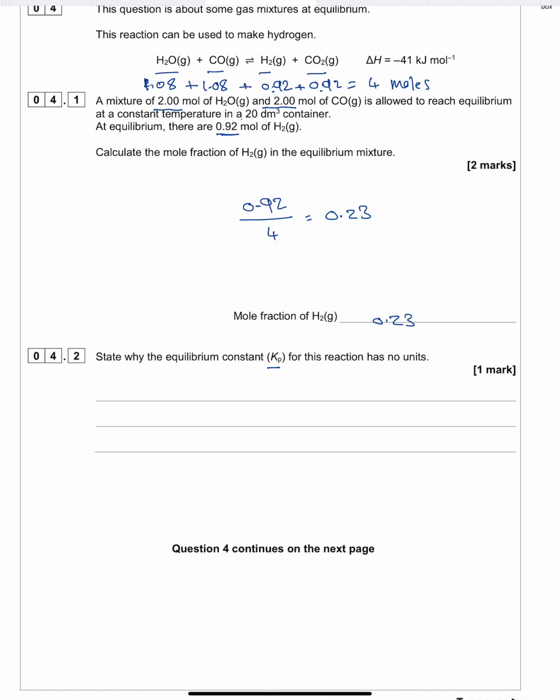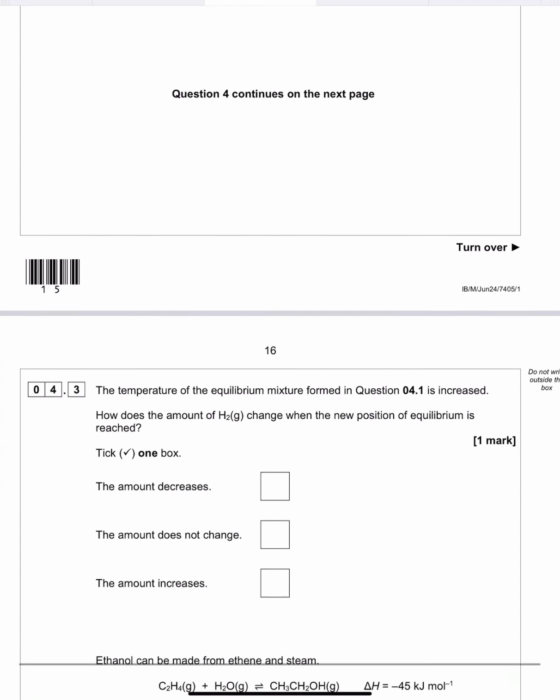So simply state that the total number of moles of reactants equals the total number of moles of products. That means these will cancel out.